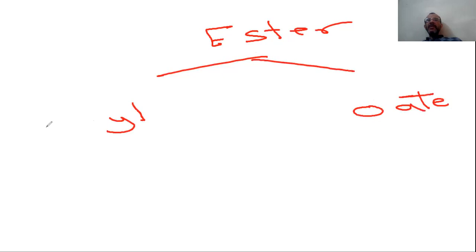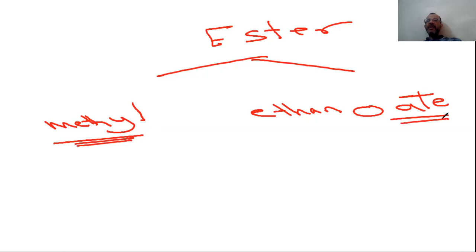If the compound has one carbon atom here, it is called methyl, and this is methyl ethanoate. Again, methyl ethanoate is an example. Methyl comes from alcohol. Ethanoate comes from acid. Why ate?